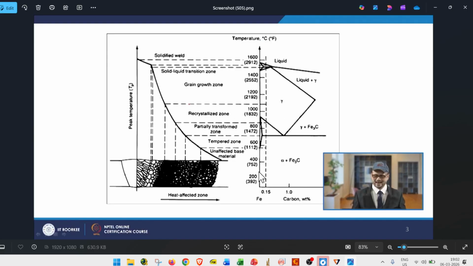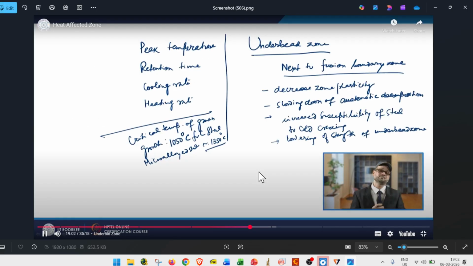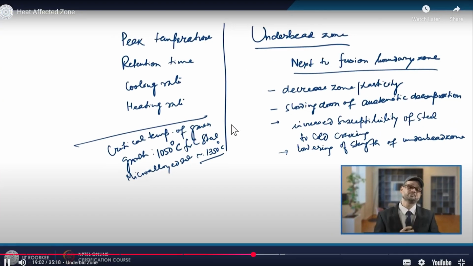Next, coming to heat treatment. What does heat treatment mostly consist of? One is the temperature we reach in the heat treatment process. Second is the duration we keep it at that temperature. Next, once we hold it, the cooling rate we provide, and the heating rate.